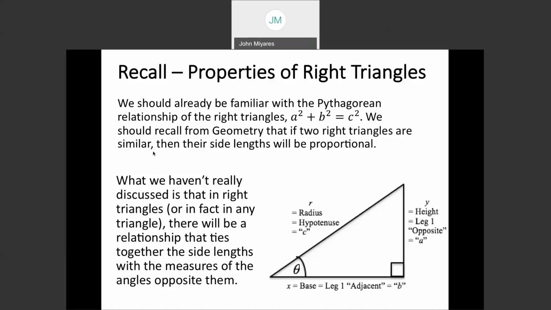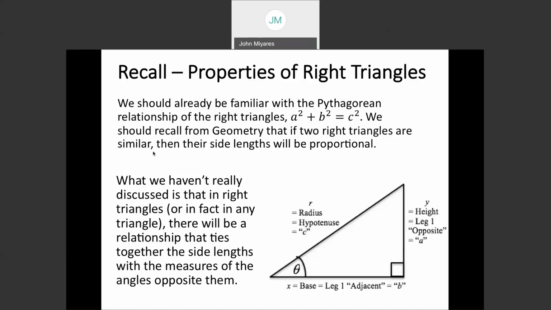The side directly across from angle theta is going to be called the opposite side or the opposite leg, which in this triangle is measuring the height of the triangle, and we might call side A. The two sides that come together to form angle theta are called the hypotenuse, which is the long side of the triangle, or side C, and the adjacent leg, which is marked as side B, or the base of this triangle.